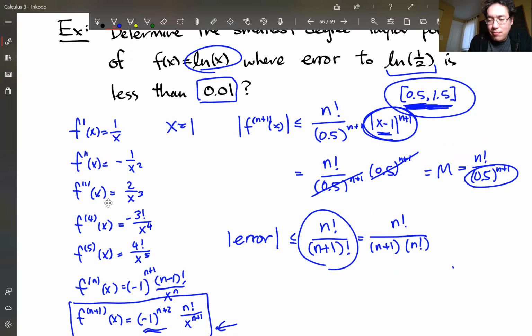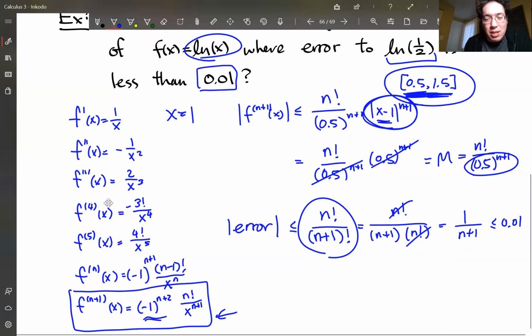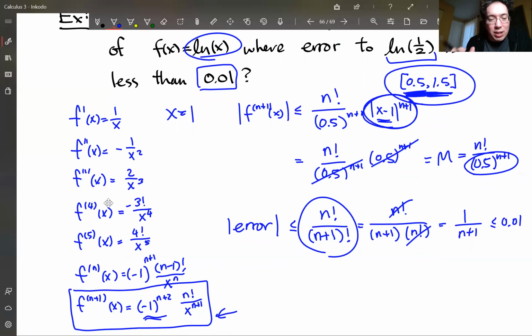Okay. And then what we're left with is 1 over n plus 1. Okay. And we want this to be less than 0.01. That was the error tolerance that we want to live by.